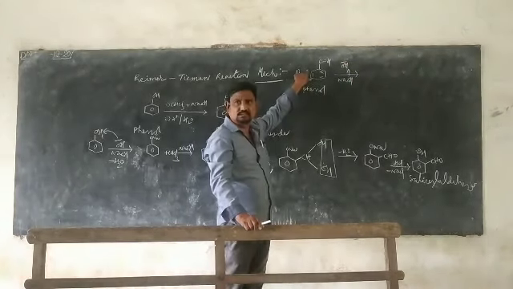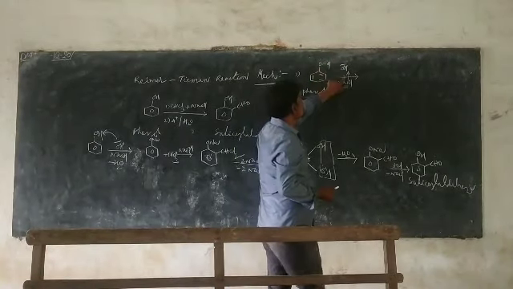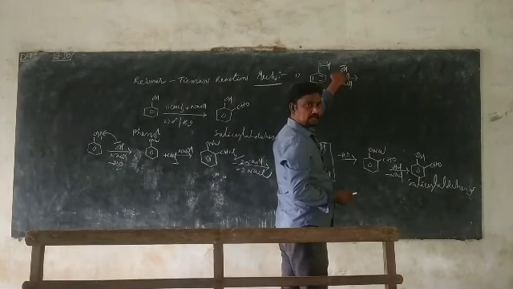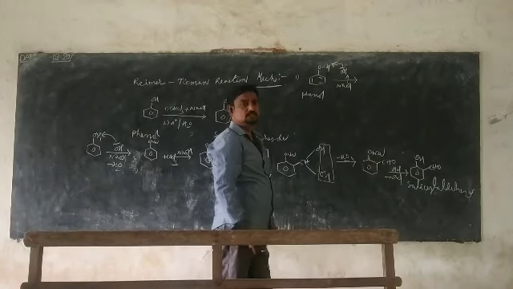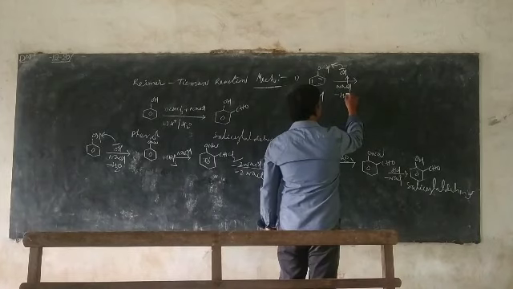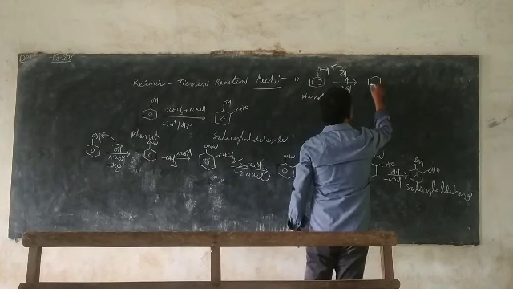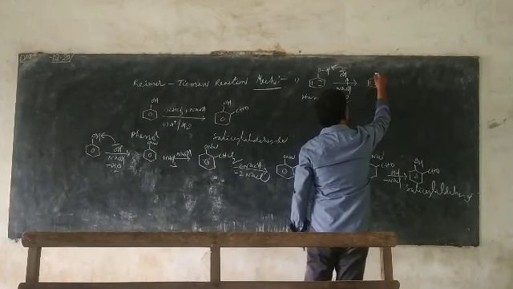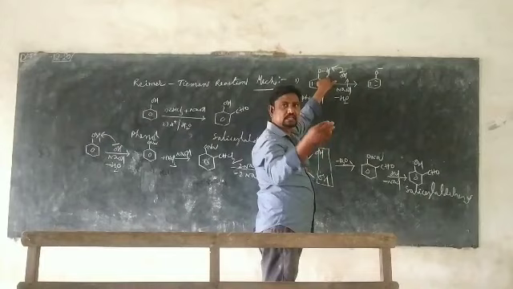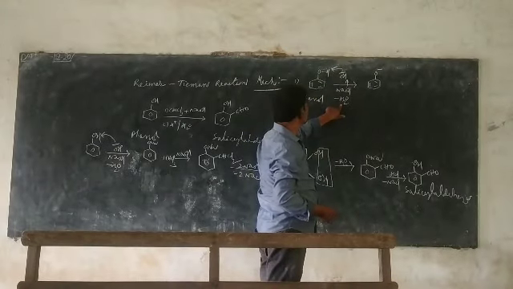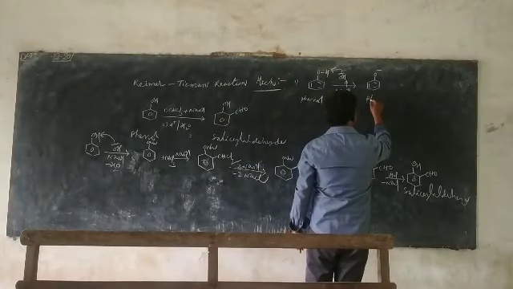Phenol acts as acidic in nature, so the nucleophile hydroxyl group attacks, eliminating H2O, and phenol converts into the phenoxide ion. This is the phenoxide ion.